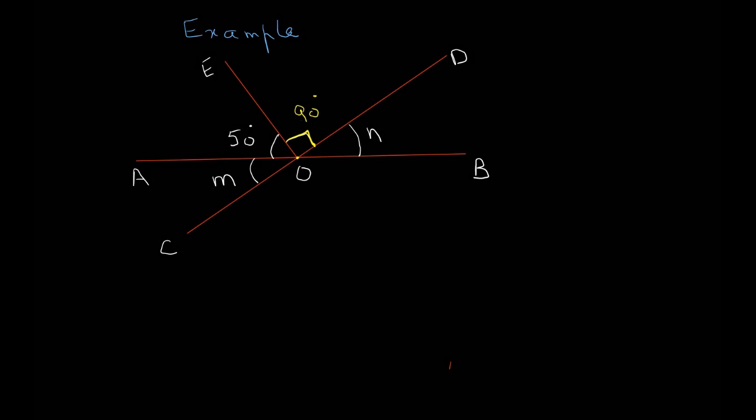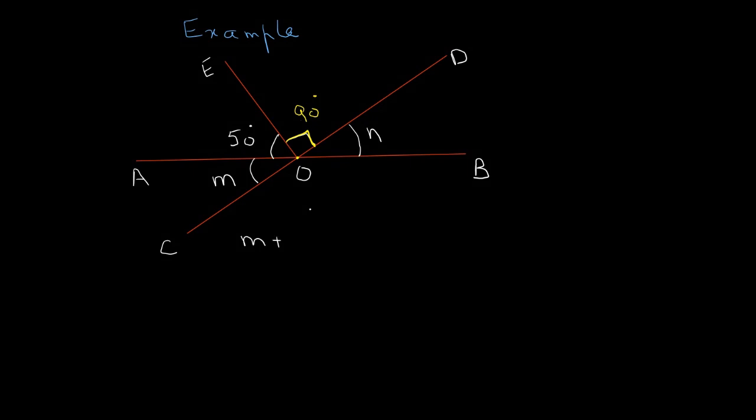Okay, so now we have to figure out n and m, and let's try to do that. So first of all, since CD is a straight line, we know m plus 50 plus 90 is equal to 180 degrees, and that's because CD is a straight line.